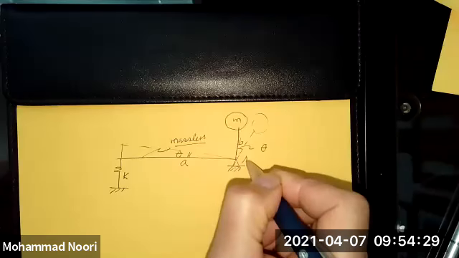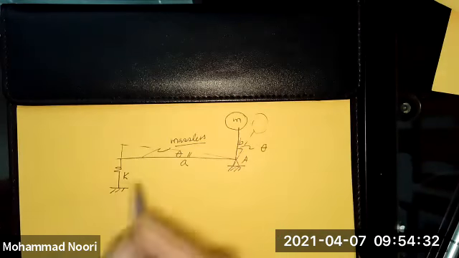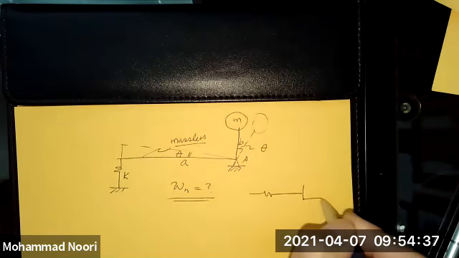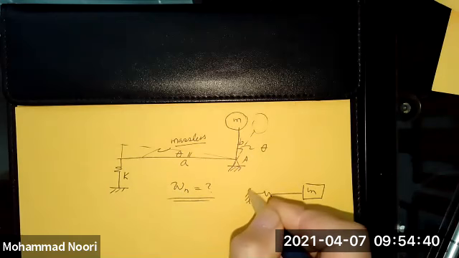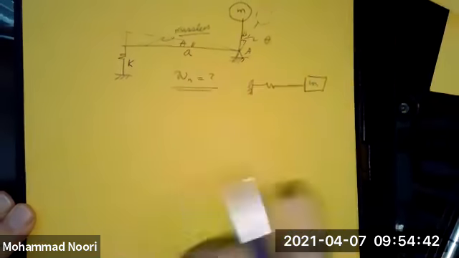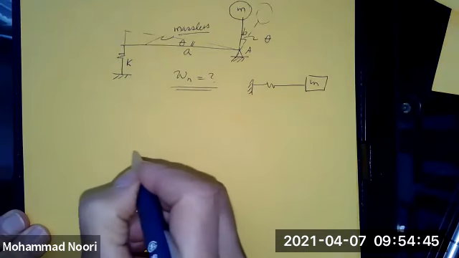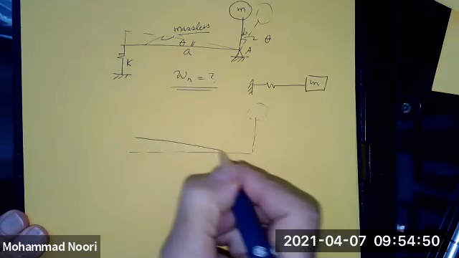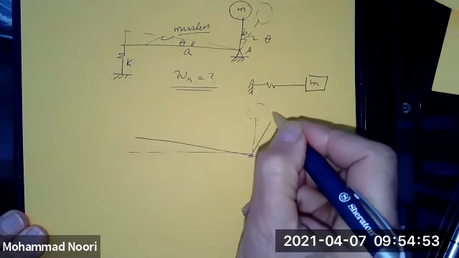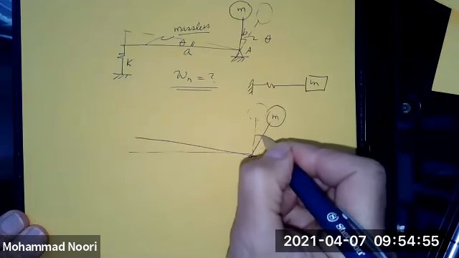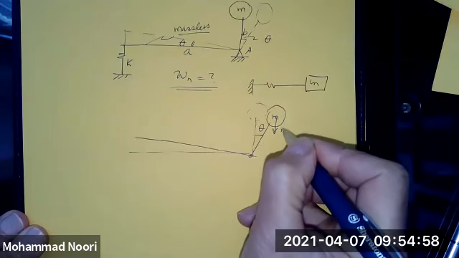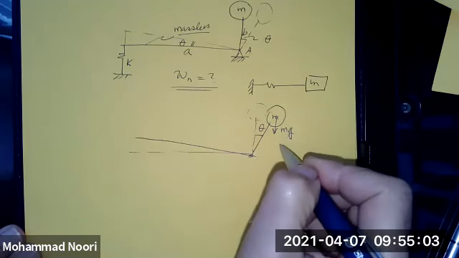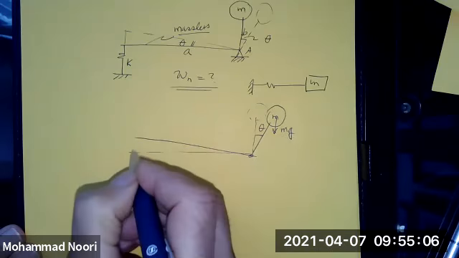And we want to find again the equation of motion, or find the natural frequency by modeling this as something like this. Again, let's set up the free body diagram. This is the original beam, which has rotated. So this is the rotated position. This angle is theta. Of course, I have a gravitational force here.